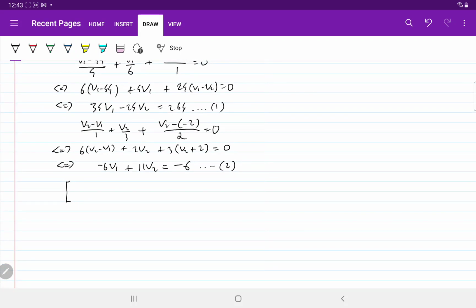So we can write it into this form using matrix: 34, minus 24, minus 6, 11, times V1, V2, equals 264, minus 6. So we want to find V1 V2, right?